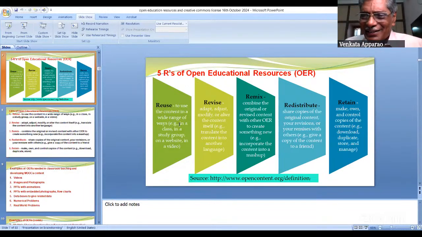You can retain the copies, even textbooks that are available as OER, free and open textbooks. You can download them, take a printout and keep it with you. You can make use of it. You can keep them in your library, in your college library, your university library also. No issue.